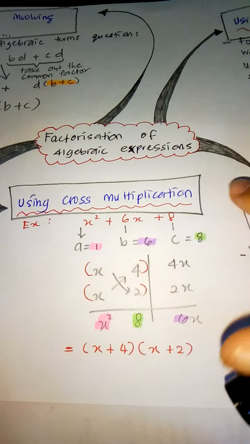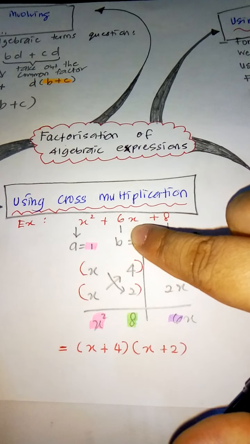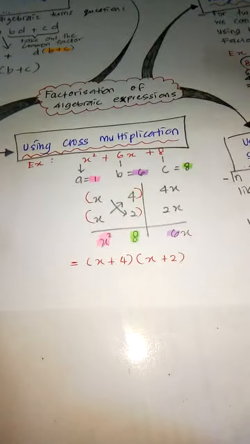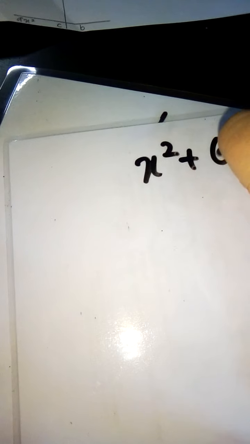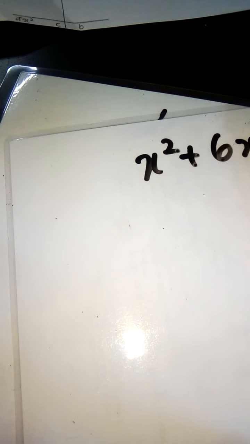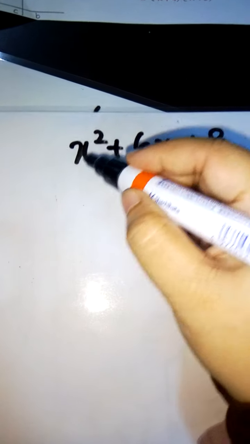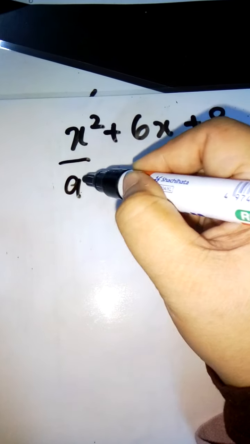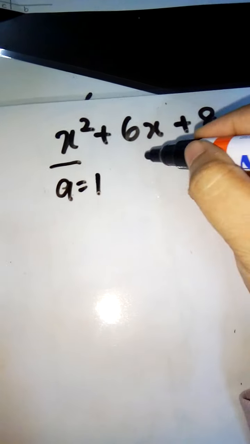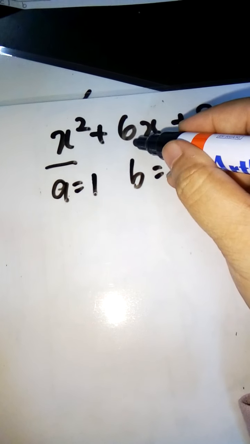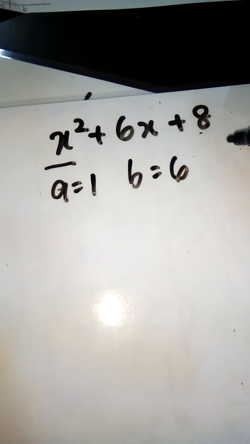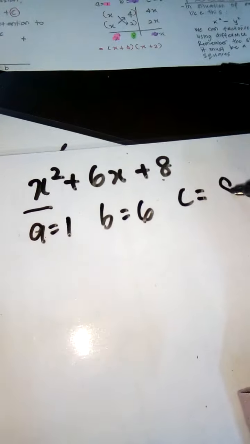So I got a question, x squared plus 6x plus 8. You pay attention to the a. a is 1, b is 6, c is 8.